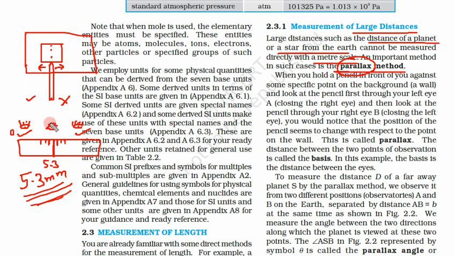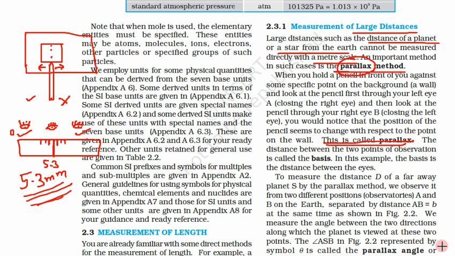Why is it happening? Because there is a parallax effect due to your eyes. So while measuring the distance, you must see from directly above the measuring scale. Always put your eye just above the mark, not right nor left. This effect is called the parallax effect.